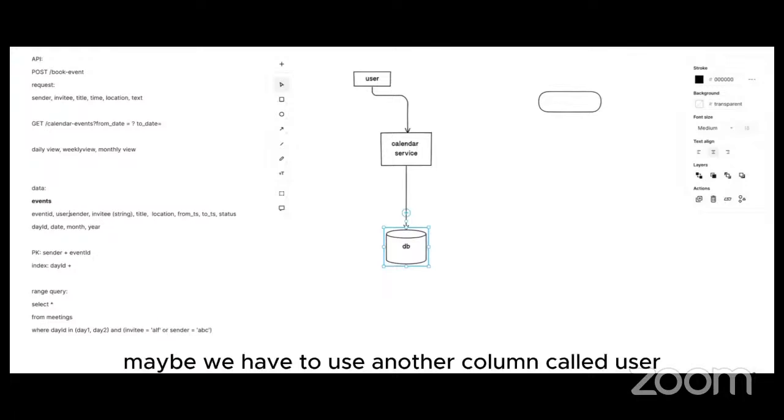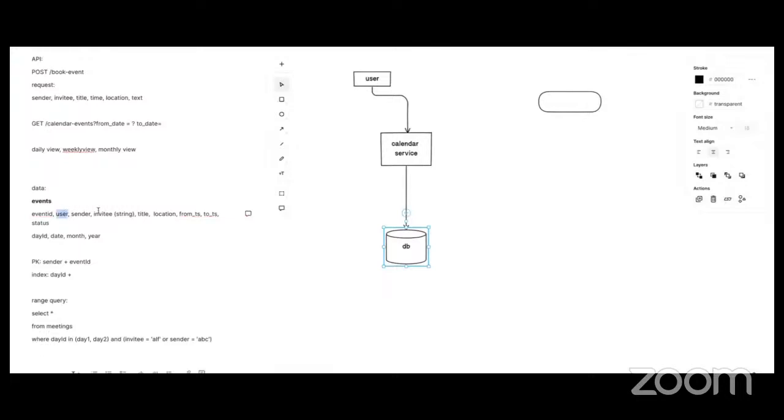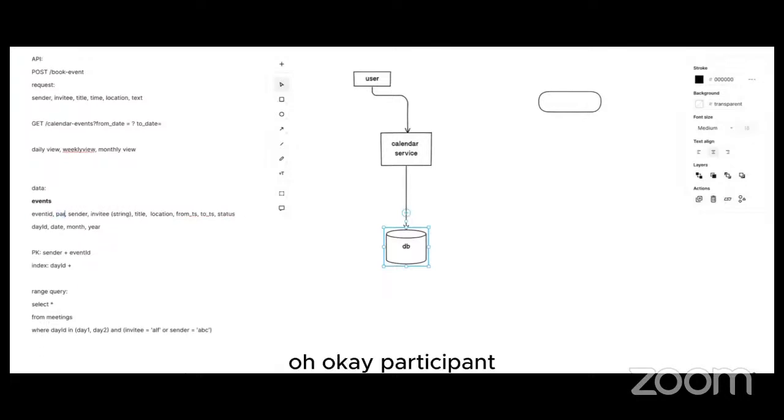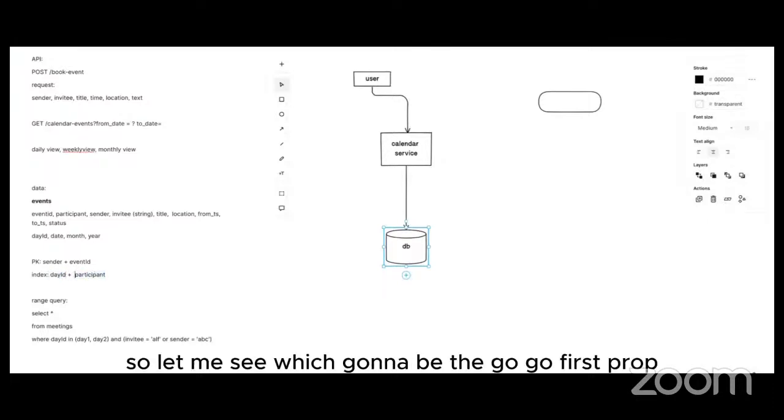Maybe we can have another column called participant. Regardless of whether you are sender or invitee, you are always a participant for that meeting. So we search by day ID plus participant.